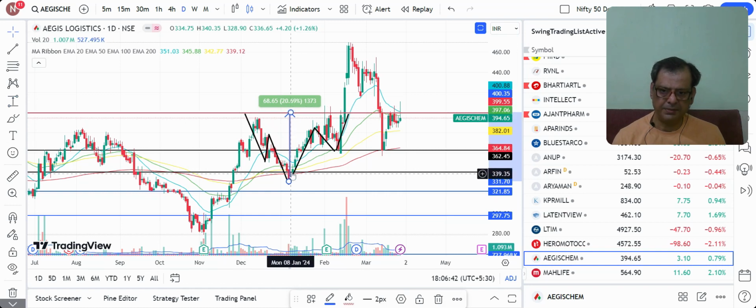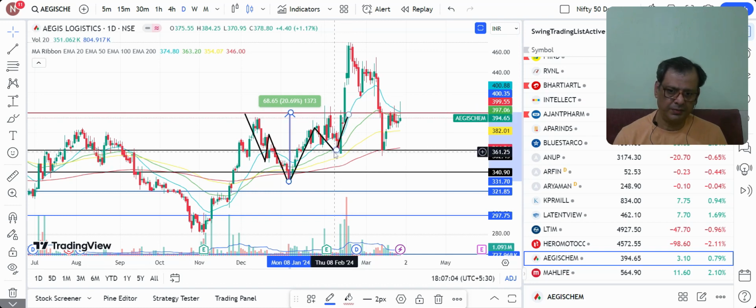This is 20%, it's showing 20%. So 20.69 is your take profit, and you will enter when this neckline is broken, and you can put a buy order here if you're not monitoring the market, and your order will get fulfilled here.